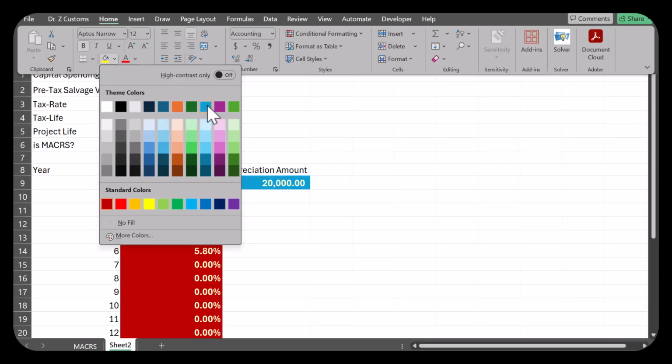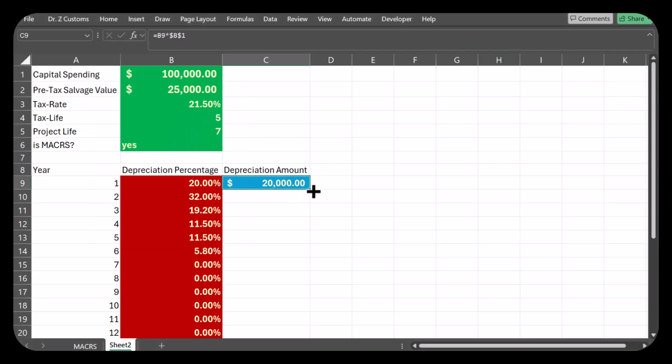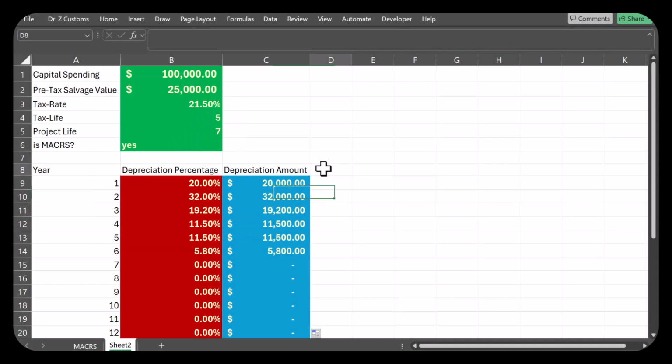But I also need to calculate book value at the end of each of those years. The first year, book value is whatever you spend on capital minus the first year depreciation. But after that, previous book value minus that year's depreciation.